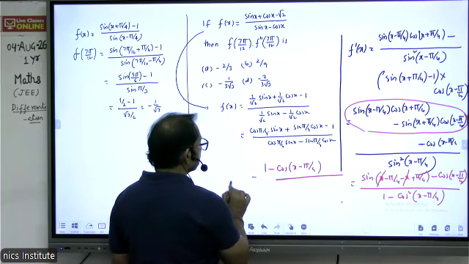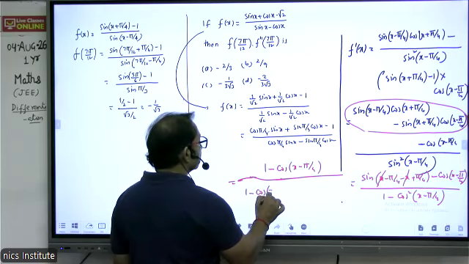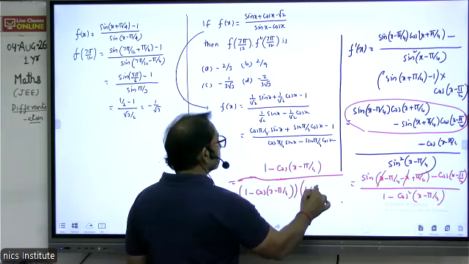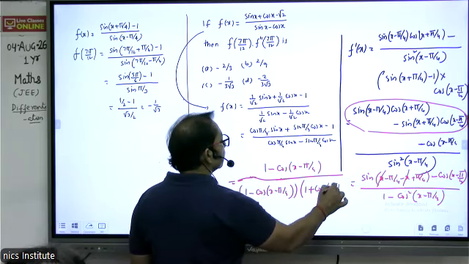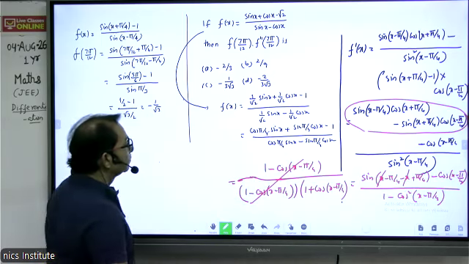Denominator you can factorize 1 minus cos x minus π/4 and 1 plus cos x minus π/4. This term will cancel out.